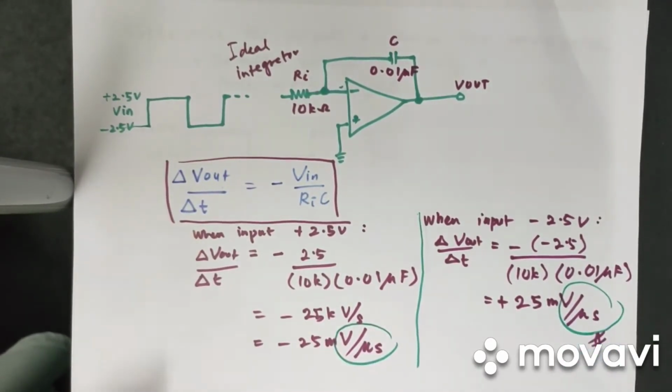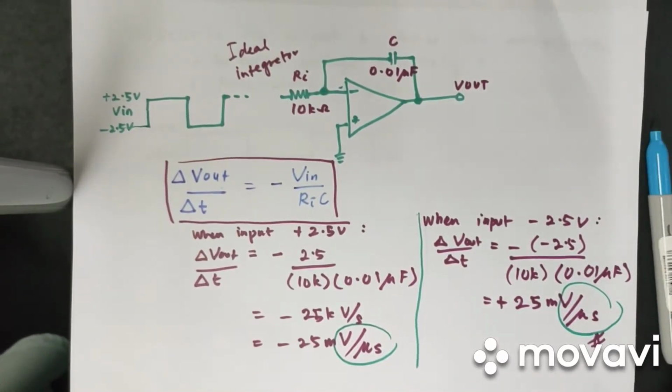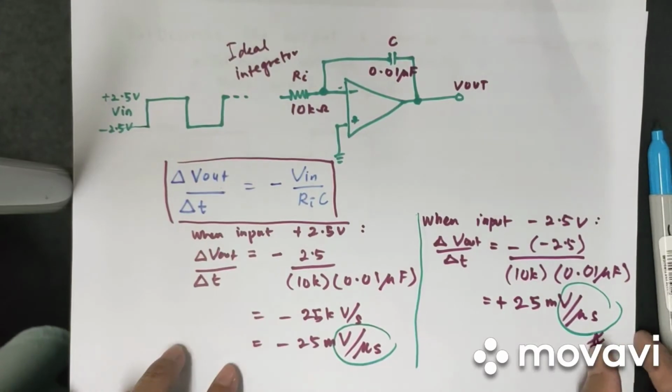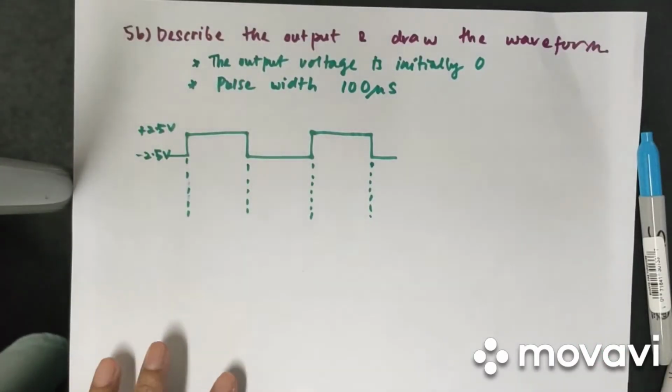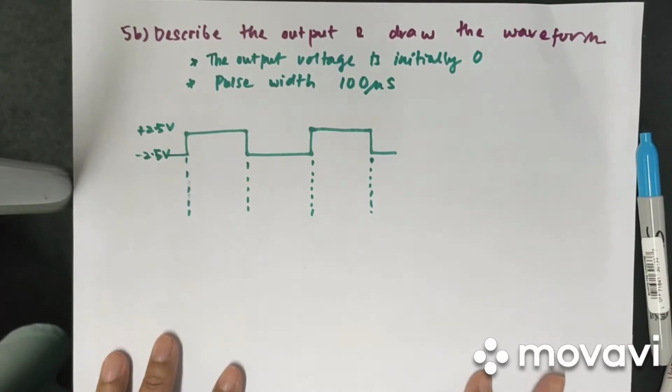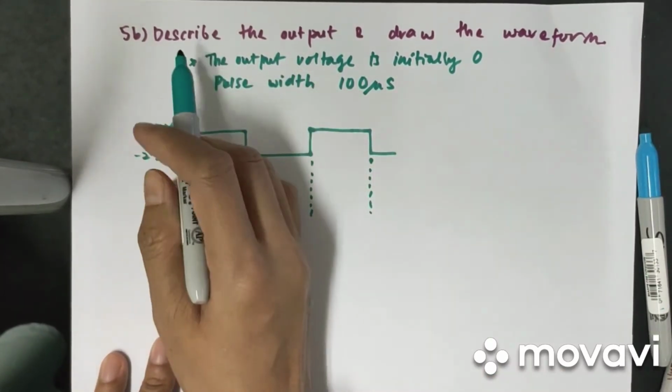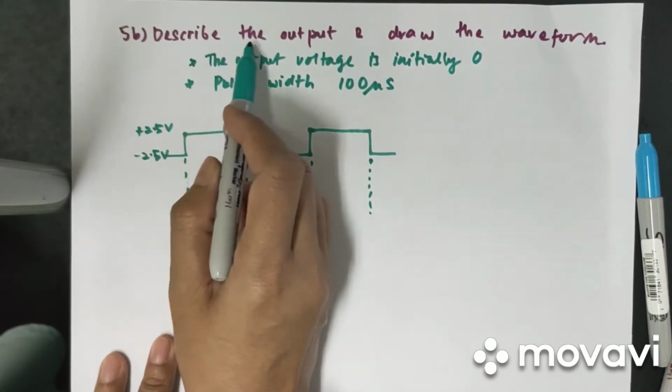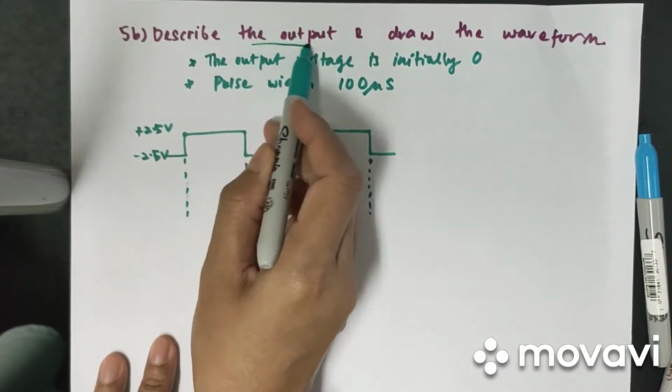Okay, that's why the unit is important, so don't mess up the unit. Why is the unit important? Because this question is asking you to describe the output.